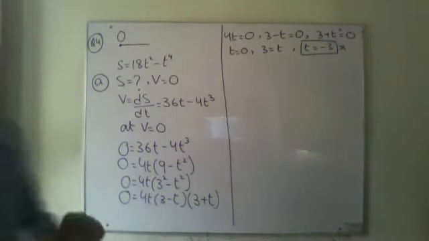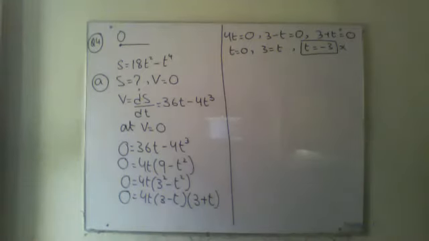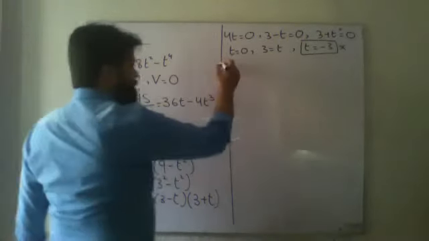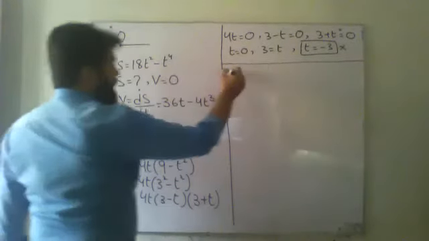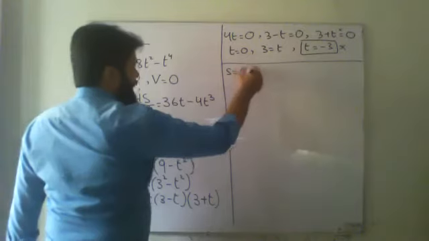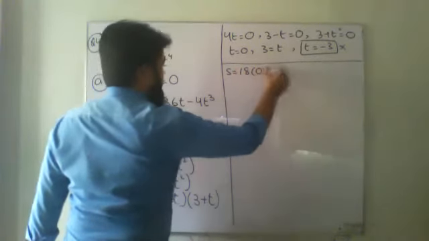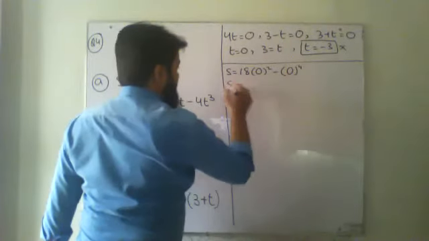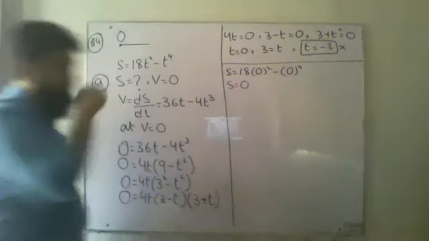Now what will I do? I want the non-zero value of S at which velocity is 0. So I'm going to take this t: S equals 18 times 0 squared minus 0 to the power 4, which means S will be 0.